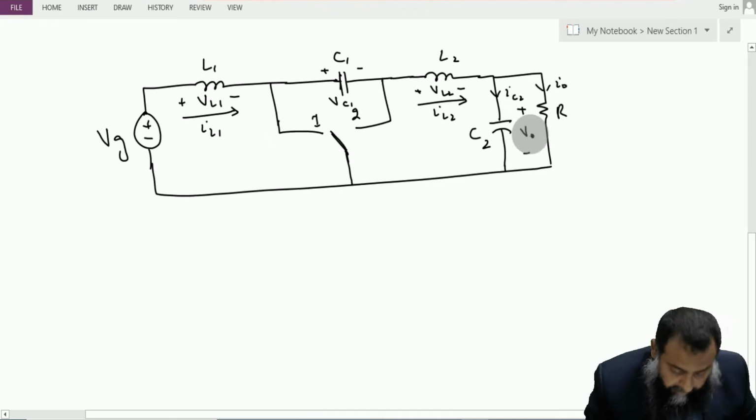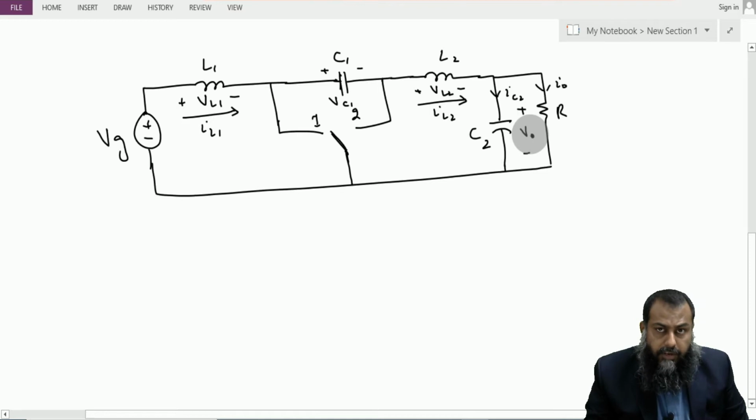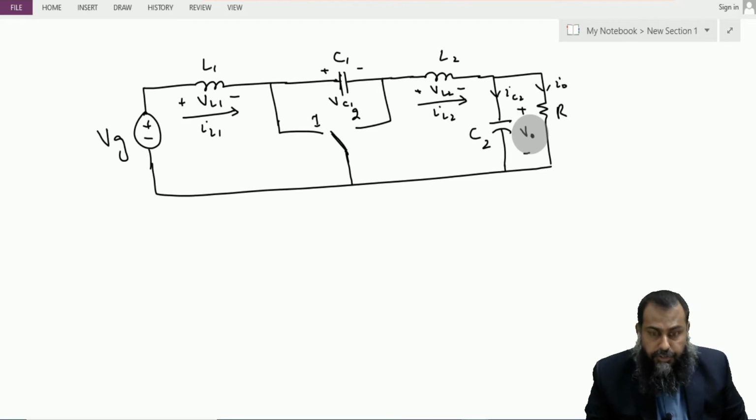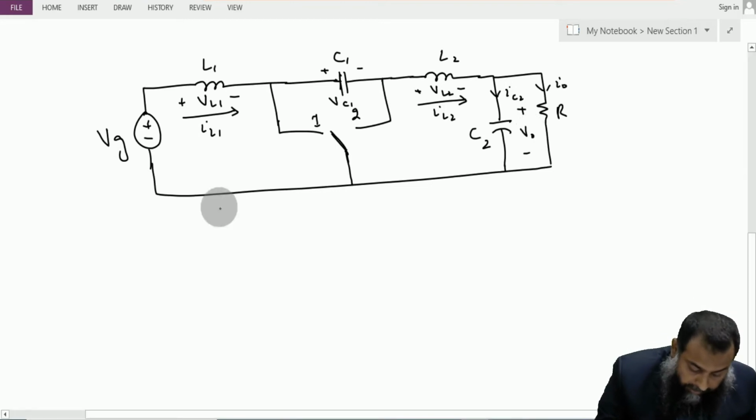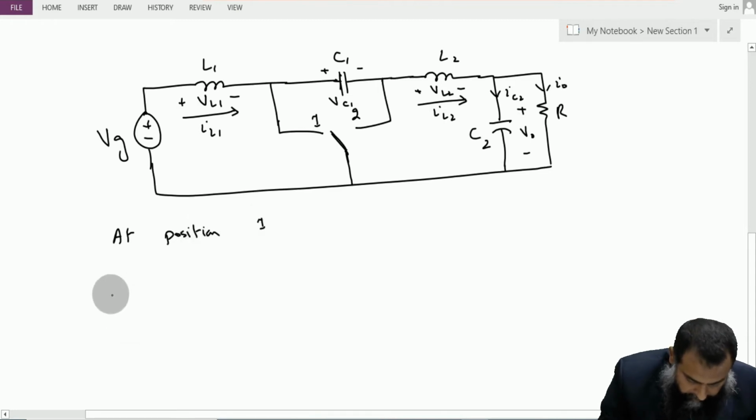This is V0. So the procedure is exactly the same, that we will draw the equivalent circuit based on the switch position. So at position number 1, the equivalent circuit is something like this one.